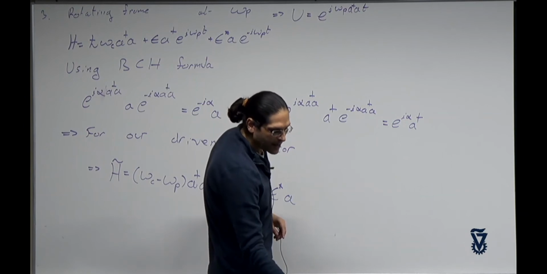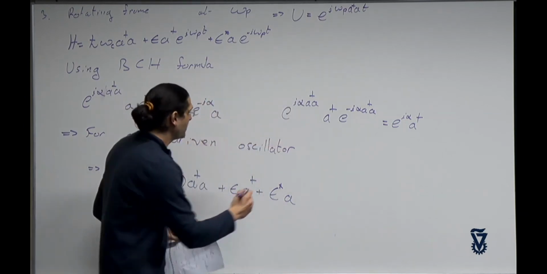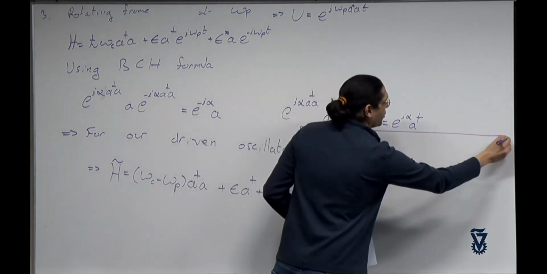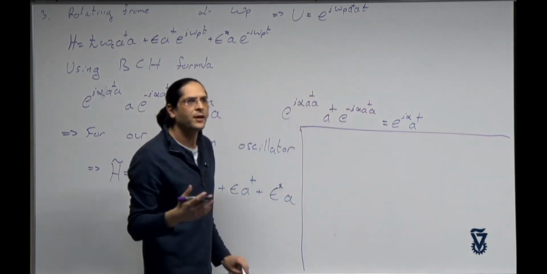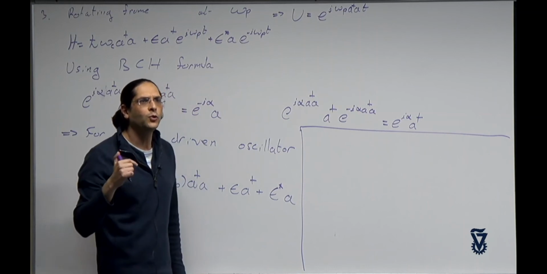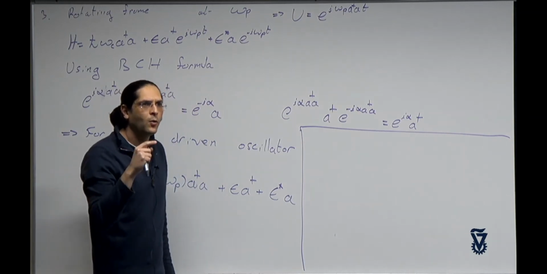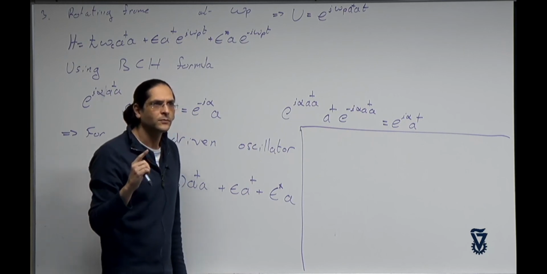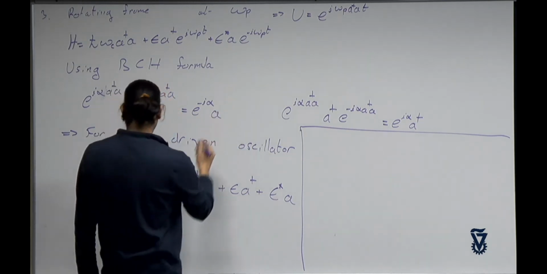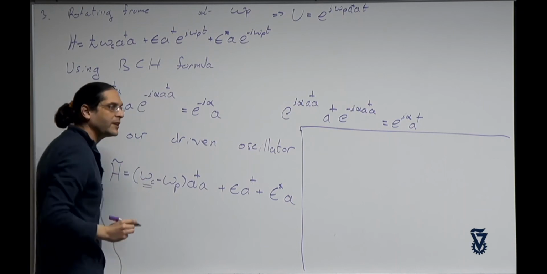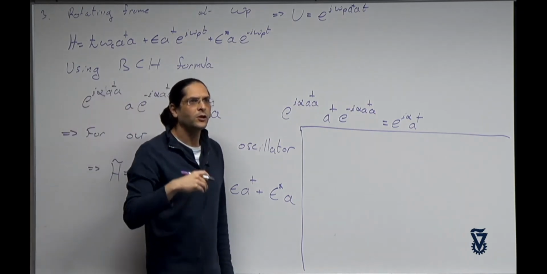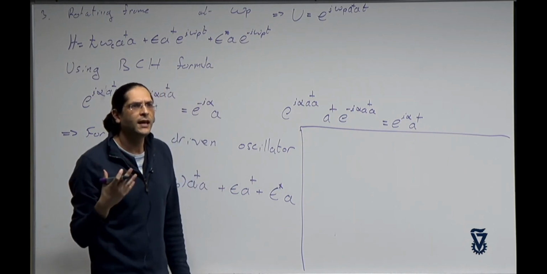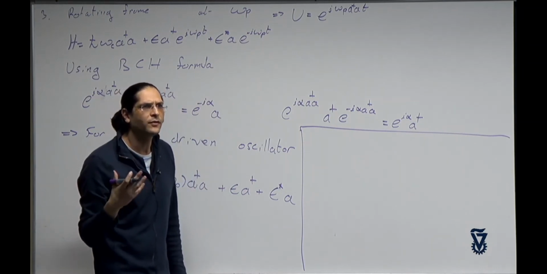Now I want to do the same thing, maybe here, in this little square. A similar thing would happen if we go into the frame that is rotating with the frequency of our spin. So we have omega C, the frequency of our cavity. We can also see what happens if we go into a frame that is rotating at the frequency of our spin.